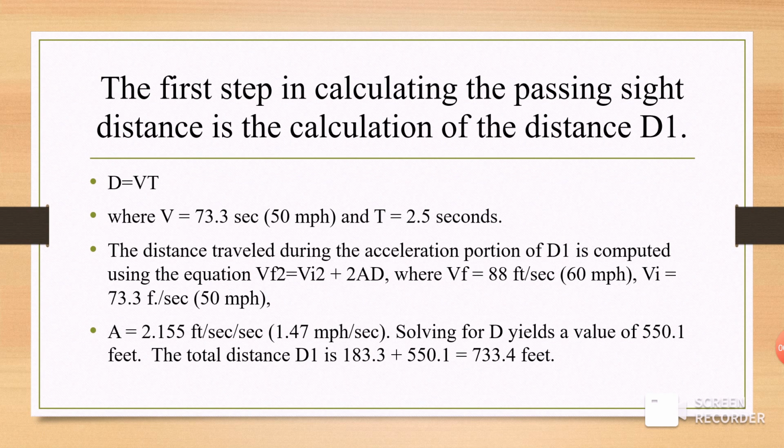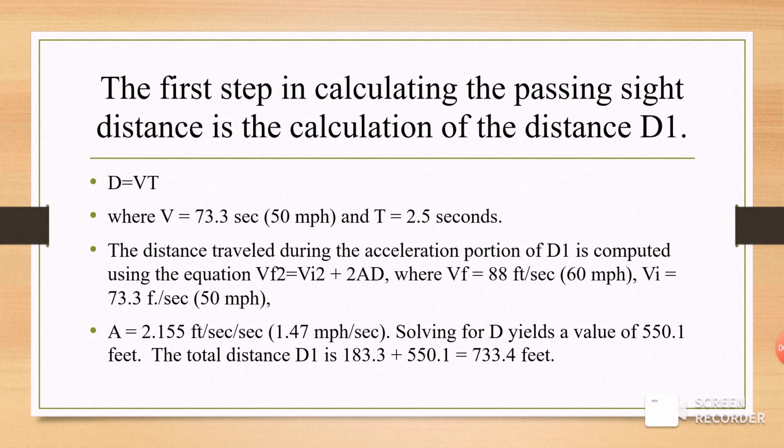So next, A is equal to 2.155 feet per second squared, so that's equal to 1.47 mph per second. So we need to solve for D, which yields a value of 550.1 feet. So the total distance D1 is equal to 733.4 feet.